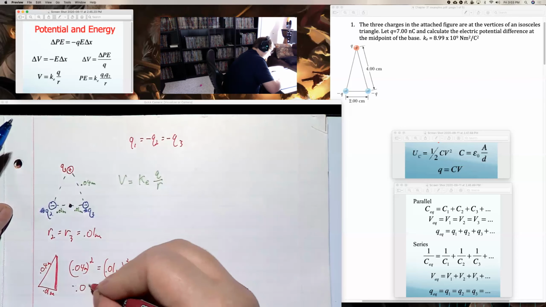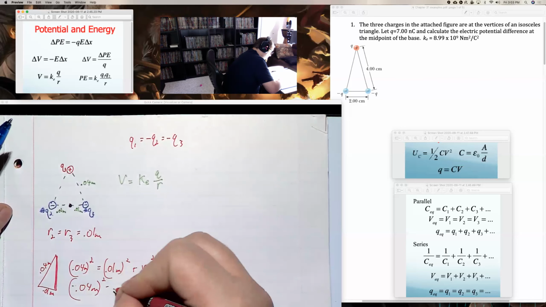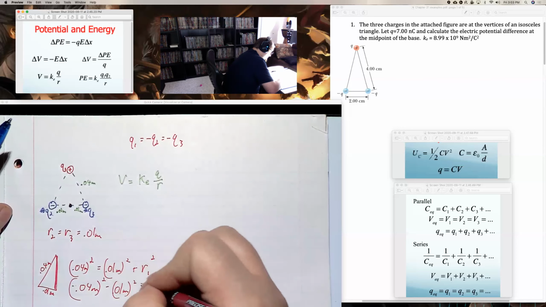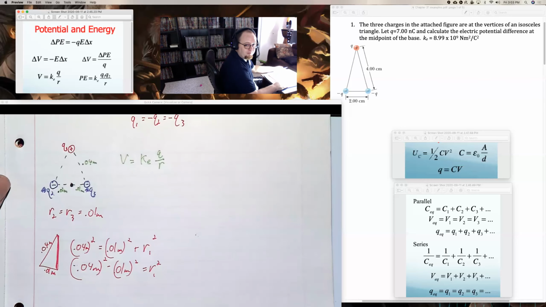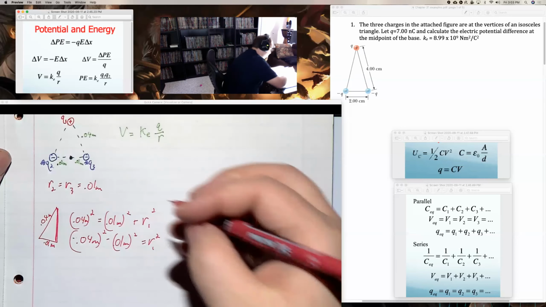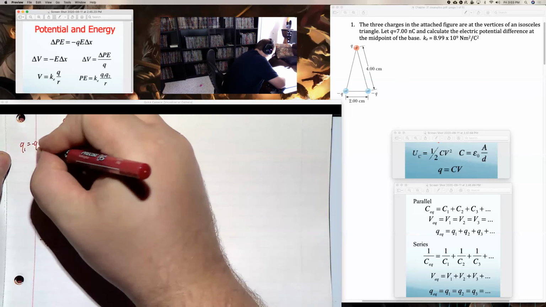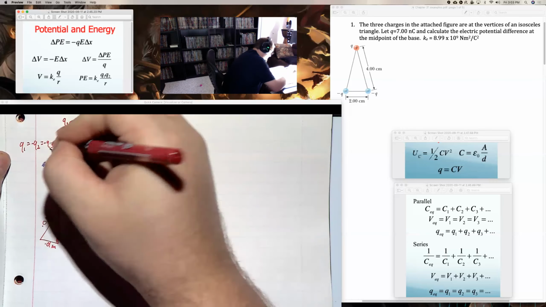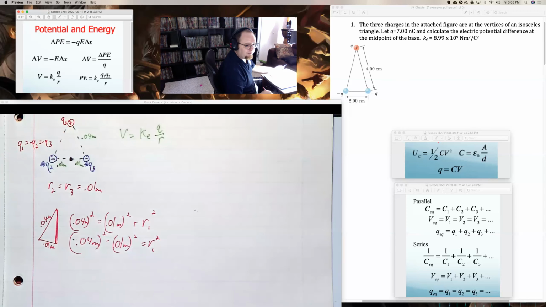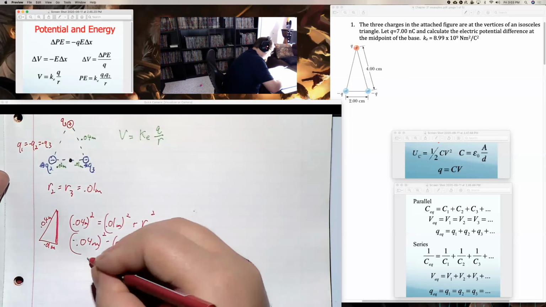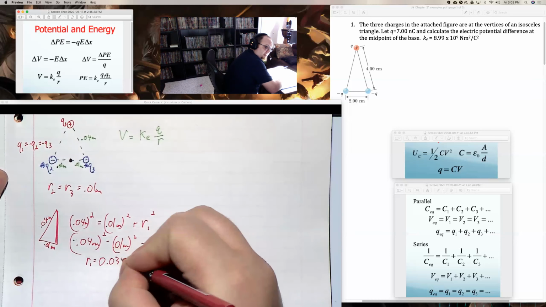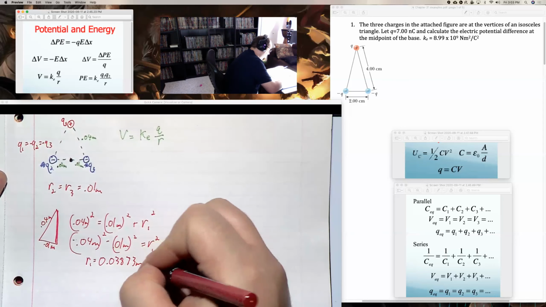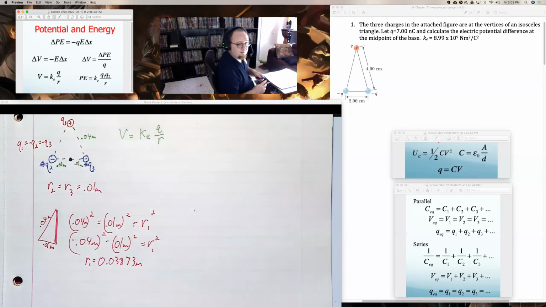That means 0.04 meters squared minus 0.01 meters squared equals R1 squared. I'll skip the algebra and say R1 is 0.03873 meters. You can do that math yourself if you need.